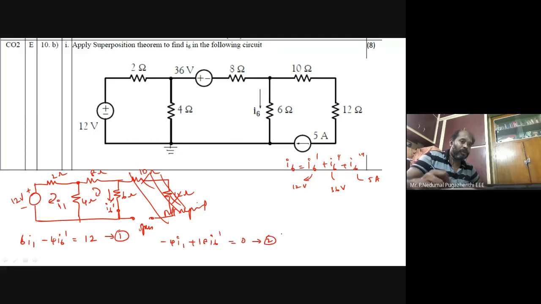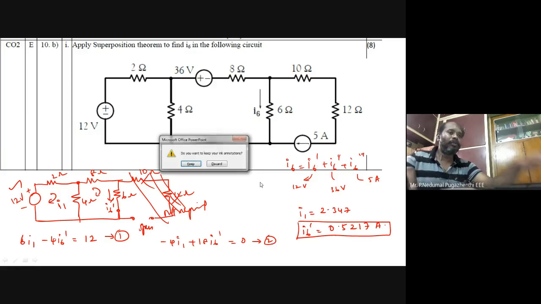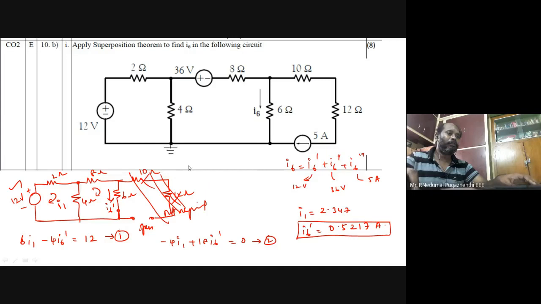If I solve this, I will get I1 is equal to 2.347 and I6 dash is equal to 0.5217 amperes. So I am interested in knowing only this part, because considering this 12 volt source, I will get my I6 dash. Okay, let me take this and go for the next page.